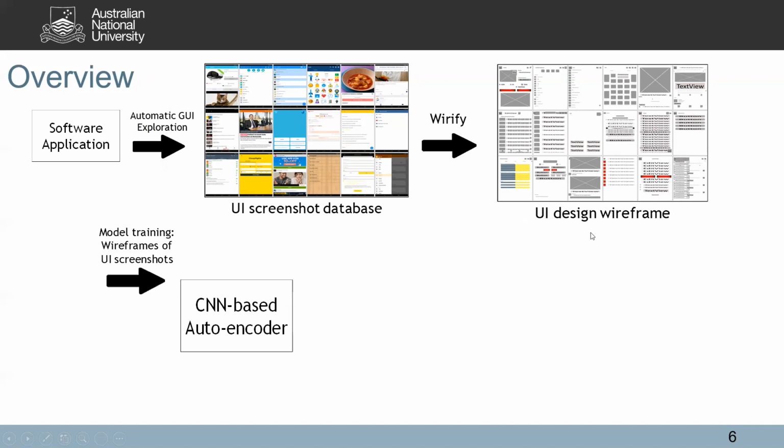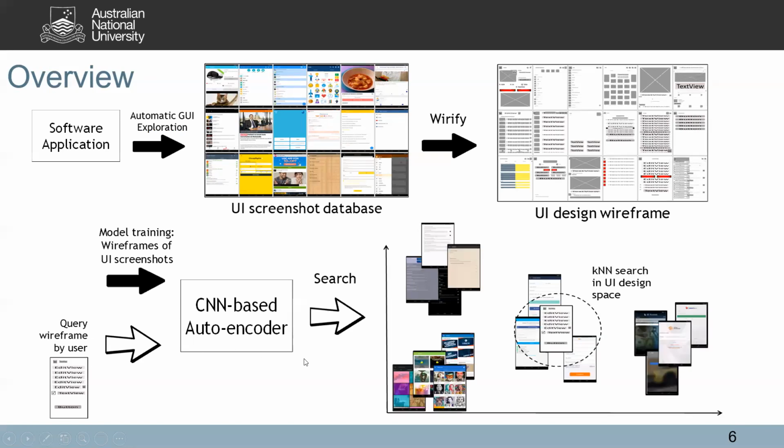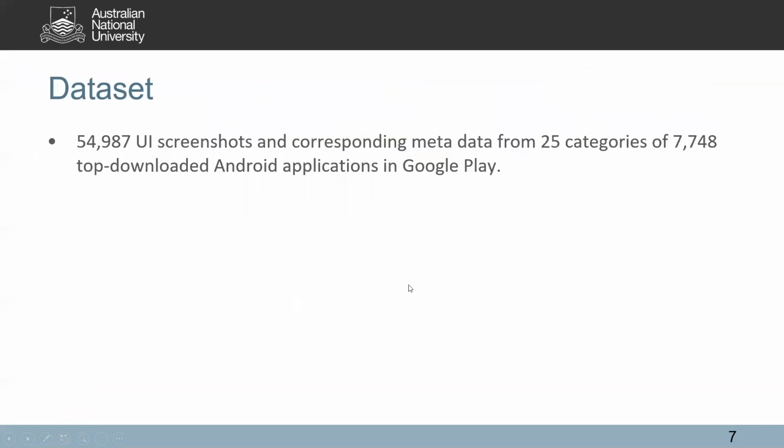Based on this UI design wireframe dataset, we can train our wireframe-based autoencoder model. Once our model is trained, we can obtain all latent vectors of our database. Given the query wireframe from the user, we first encode the query wireframe with our model and use KNN search to find the relevant UI designs in our UI design space.